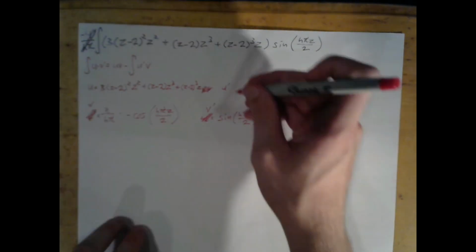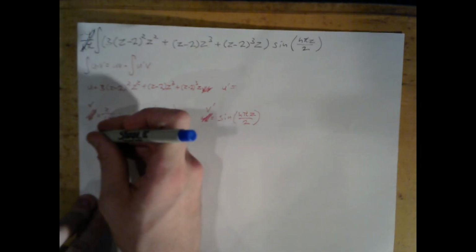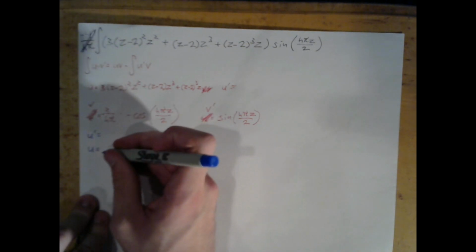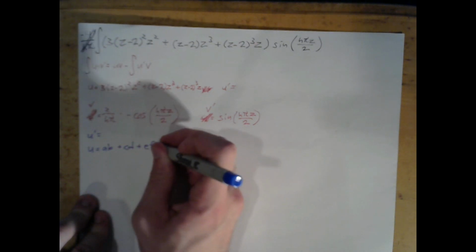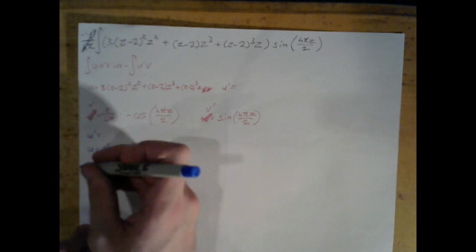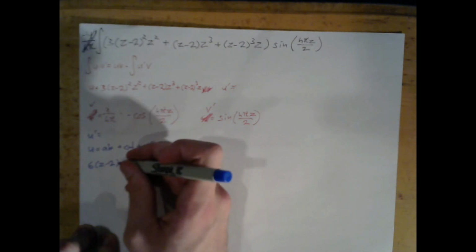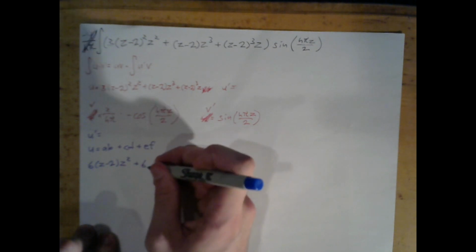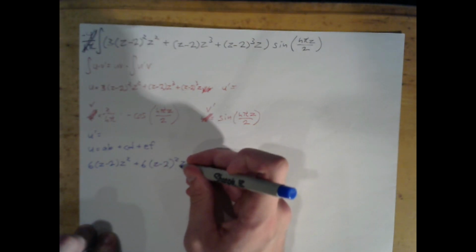My bad about that. Okay, so now we're going to solve for u prime. First of all, let's establish u equals ab plus cd plus ef. We have 3 terms here. So first ab, we're going to get 6 times (z minus 2) times z squared plus 6 (z minus 2) squared z.